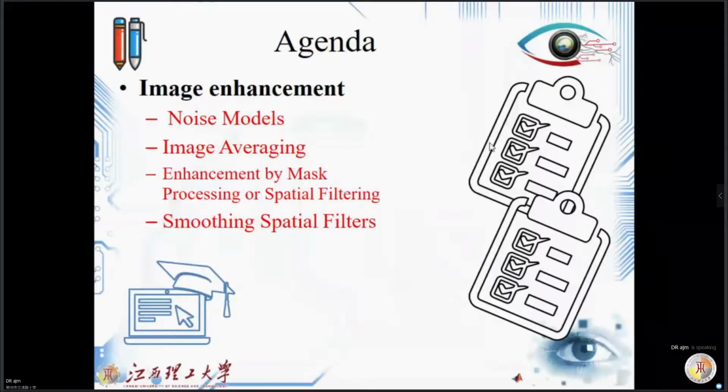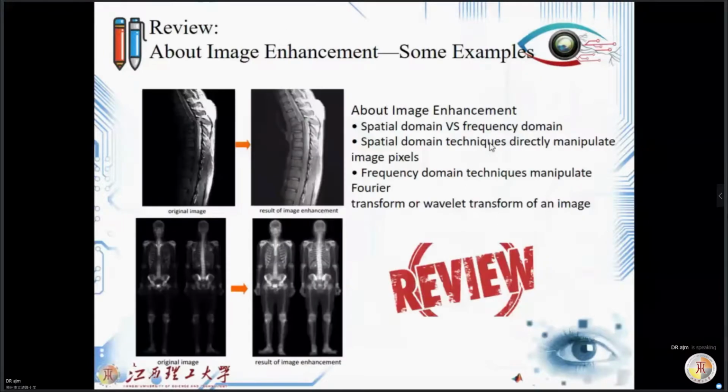Anyway, first of all, I put two slides for you to review image enhancement. Please see the two figures here. The original image is on the left side, and the right shows the result after image enhancement. We talked before that image enhancement has two domains: spatial and frequency domain.